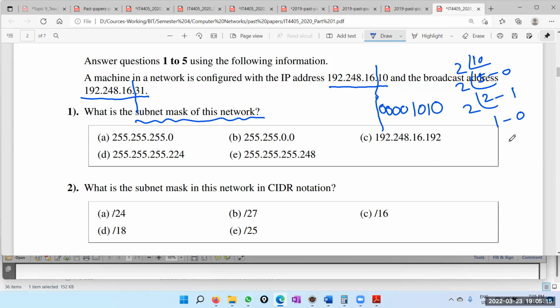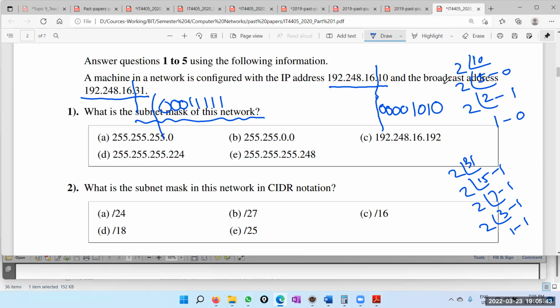Now 31. 15 remains 1, 7 remains 1, 3 remains 1, 1 remains 1. That is 5 ones. Okay, 1 1 1 1 1. That means there are 3 more zeros. Now this is the broadcast address.